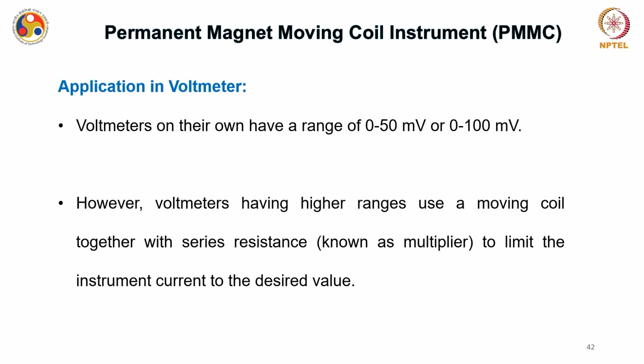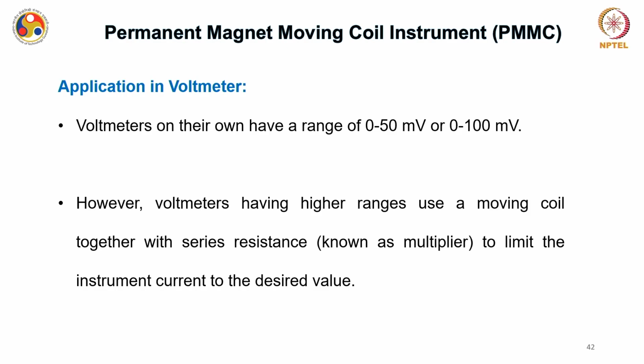Similarly, if you want to utilize this PMMC tool in voltmeters, they have their own construction constraints and their own modifications. Voltmeters on their own have a range of around 0 to 50 millivolt or 0 to 100 millivolt at max. However, a voltmeter having higher range uses a moving coil together with a series resistance, which we call a multiplier.